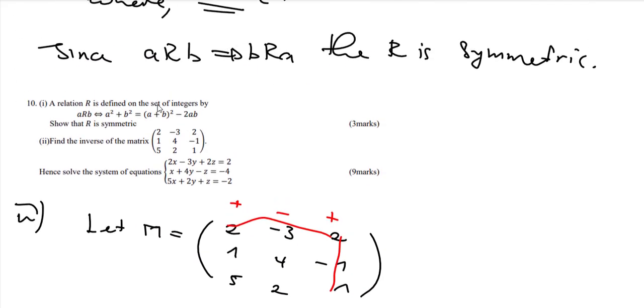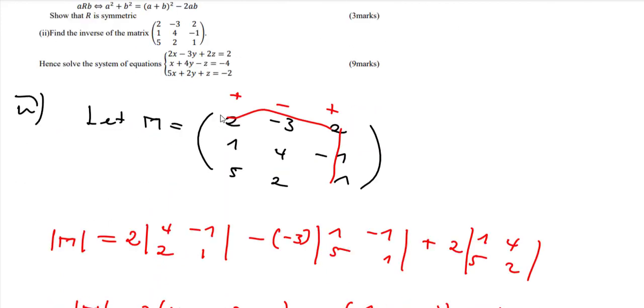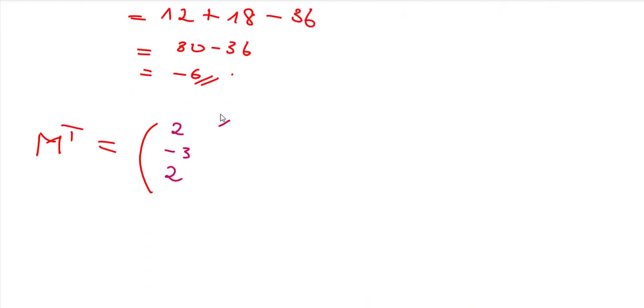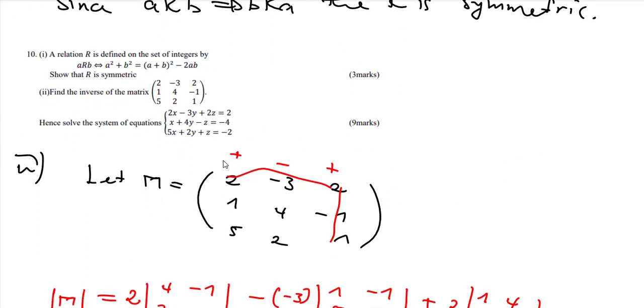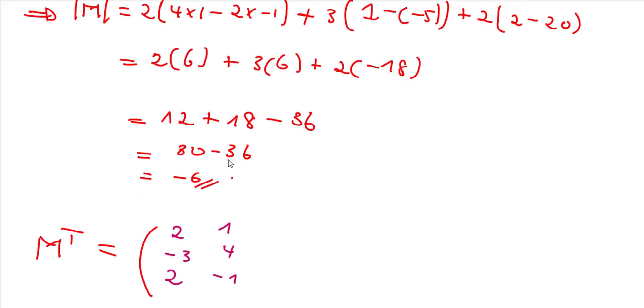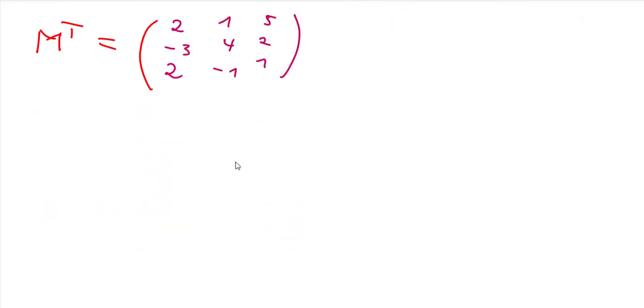The next entry, row 2, will now become column 2: 1, 4, negative 1. And row 3 will become our next, that's 5, 2, 1. So that is the transpose of the matrix.